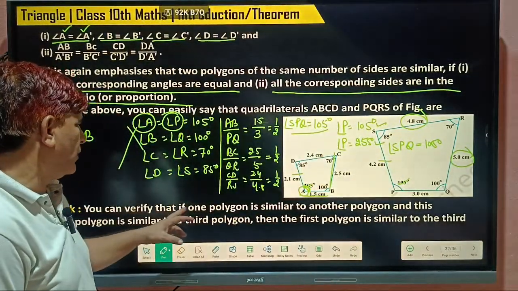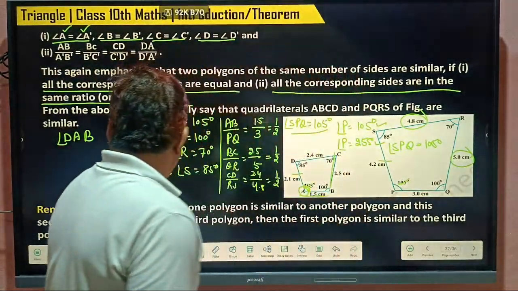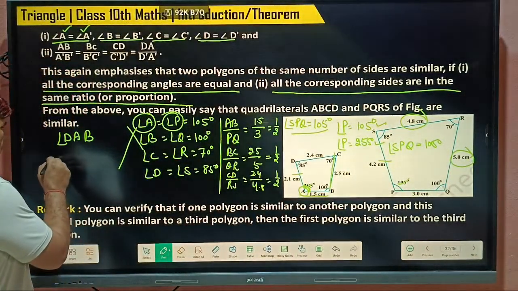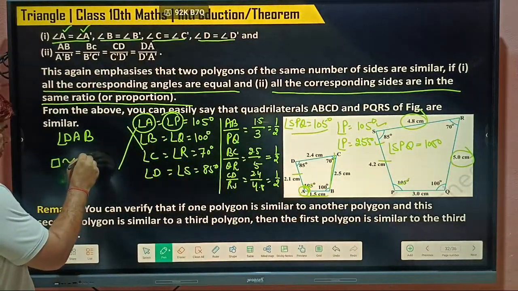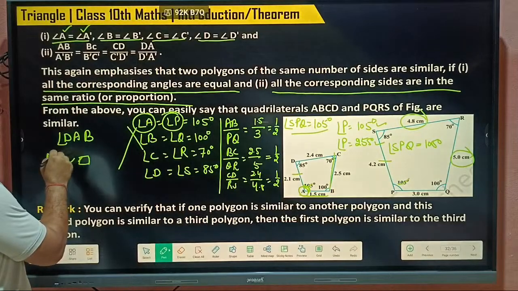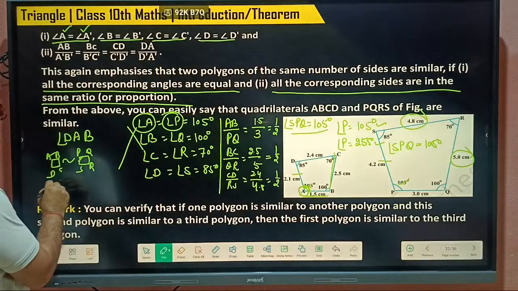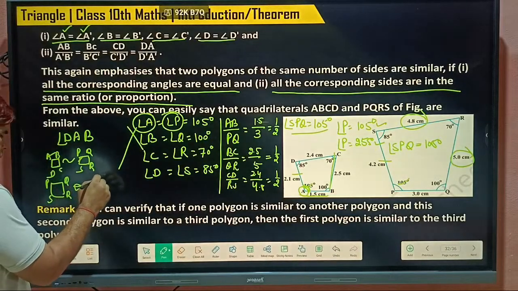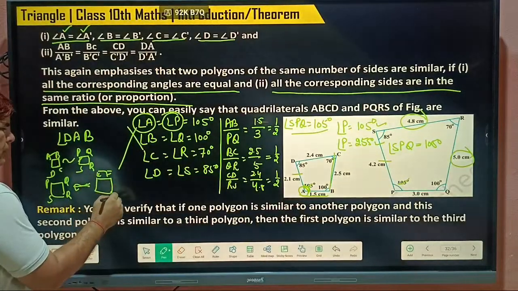So, a remark: you can verify that if one polygon is similar to another polygon, and this second polygon is similar to a third polygon, then the first is similar to the third. Like this, square ABCD is similar to square PQRS, and square PQRS is similar to another square EFGH.